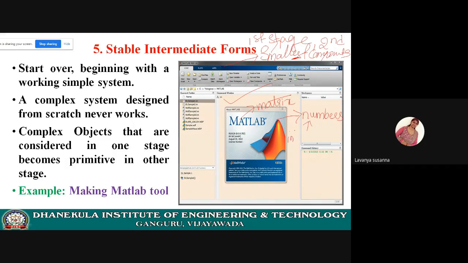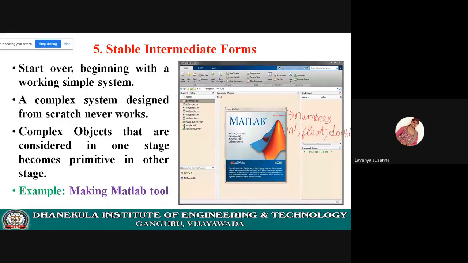Like int, float, double. See here, you need to represent numbers first, which contain integer, float, double.